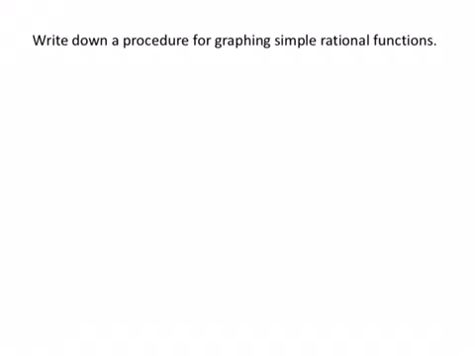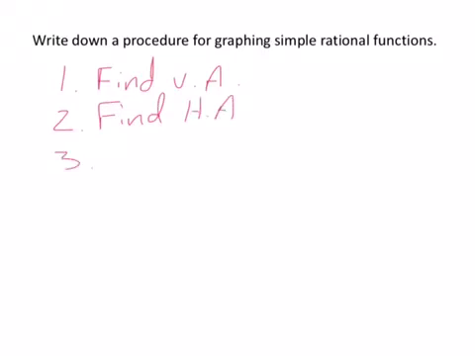So think about the procedure for graphing simple rational functions. The first thing that we do is we find the vertical asymptote. The second thing, find the horizontal asymptote. Then we build a table around the vertical asymptote.